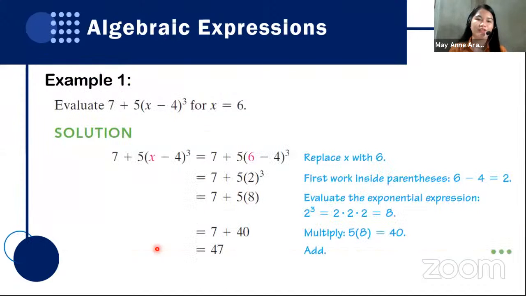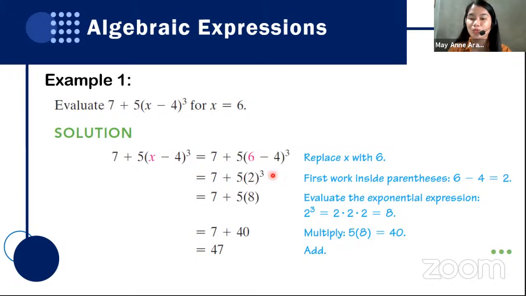Example, evaluate 7 plus 5 times the quantity of x minus 4 raised to 3 for x equal to 6. Just substitute the value of x and replace x with 6. Lahat lang papalitan ng 6 yung x, so you have 6 minus 4. Subtract first, so 6 minus 4 is 2.